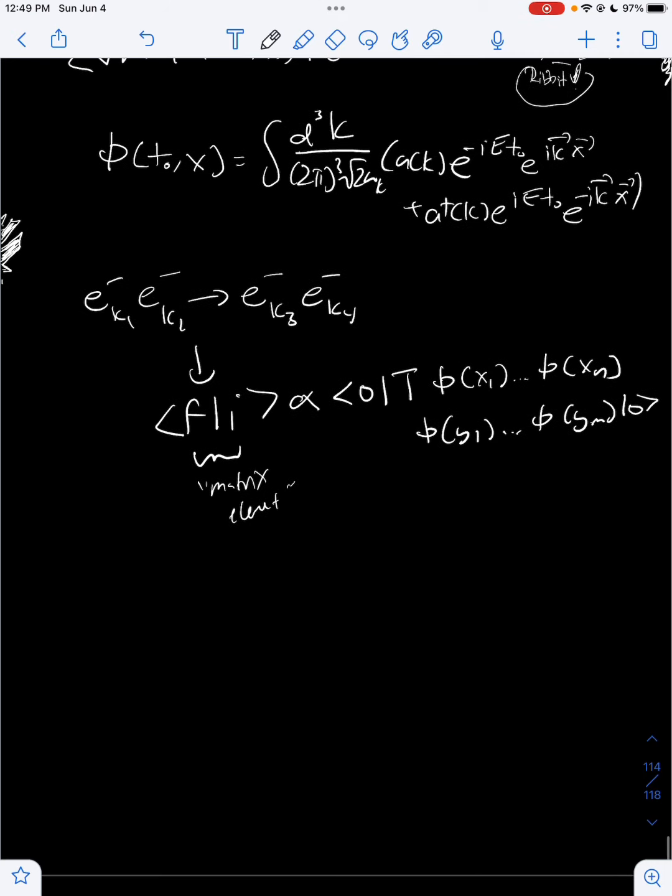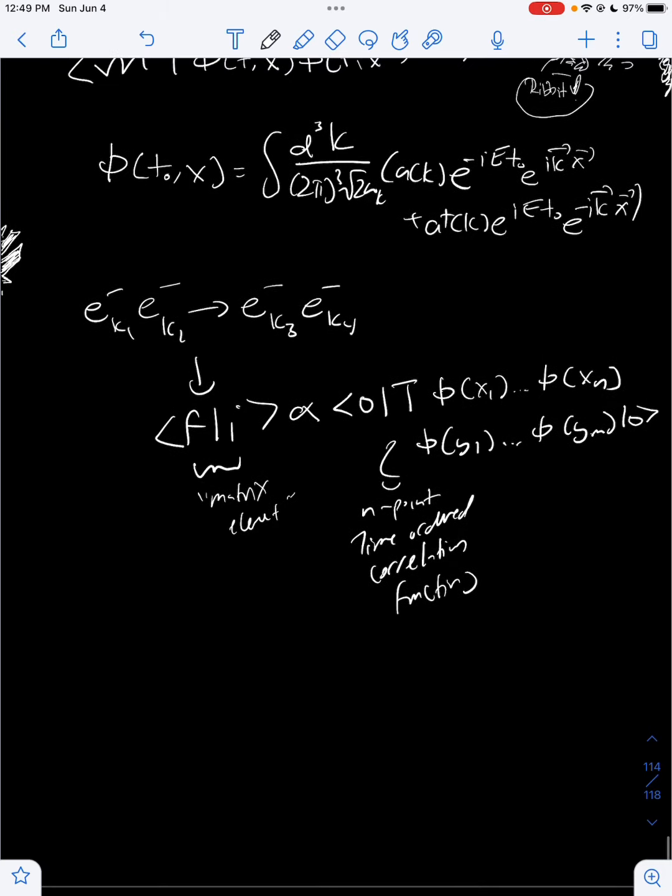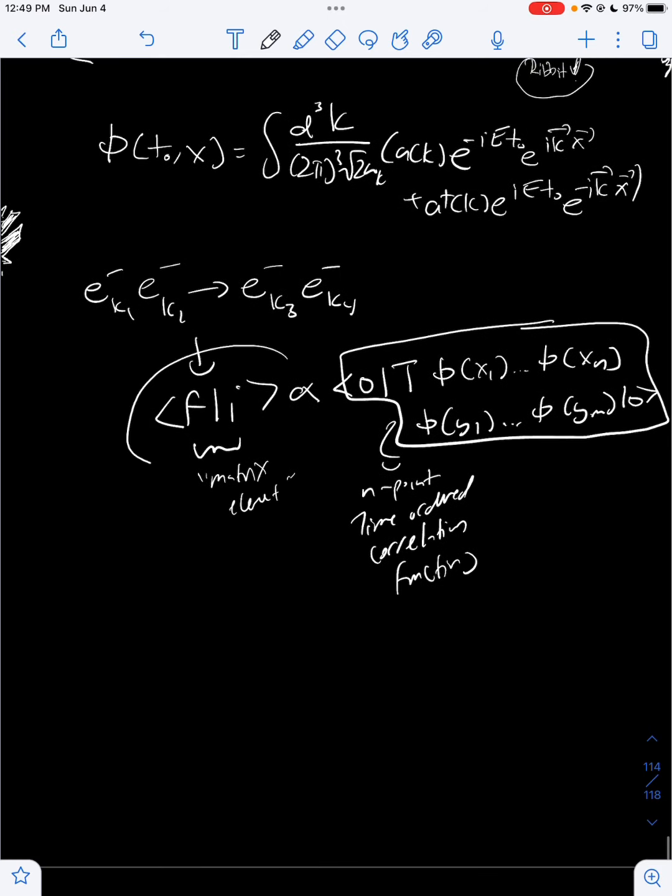And we call this over here the n-point time-ordered correlation functions. Basically, we have to calculate this big thing right over here, take a bunch of integrals, a bunch of Fourier transforms, and that'll give us the probability that this process happens.